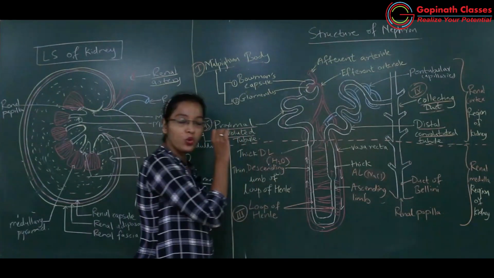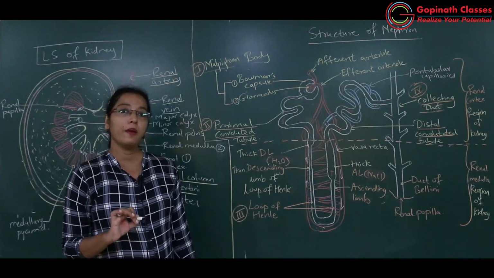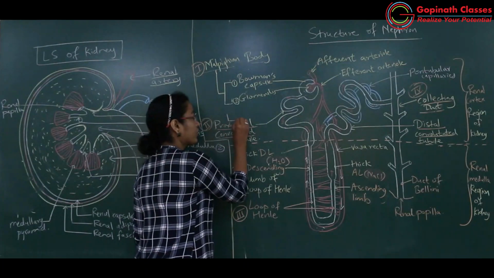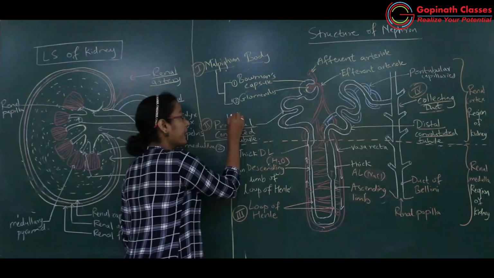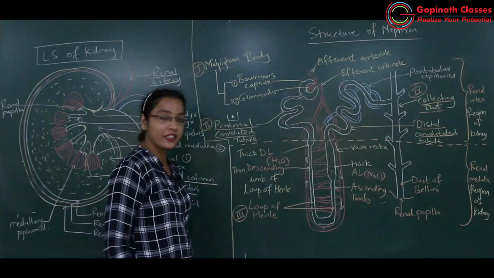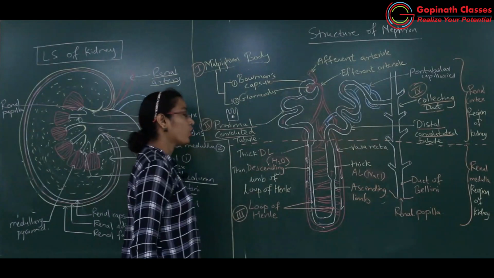The proximal convoluted tubule is made up of cuboidal epithelium. Like this, in cuboidal epithelium, how are the cells? Cube like, having a rounded nucleus in the center, and these cuboidal epithelial cells are having microvilli.